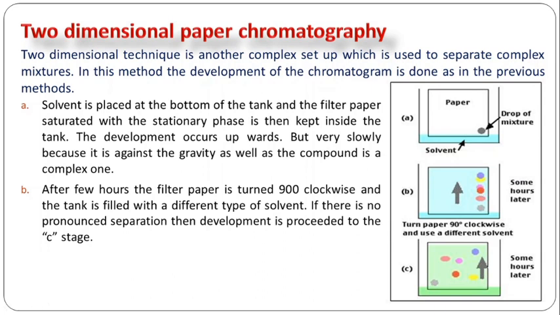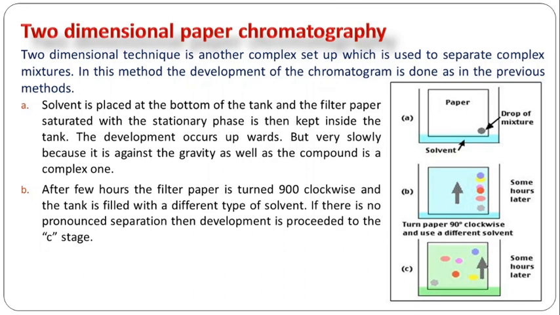Then what you do is take out this paper and dry it, fill the tank with another solvent as per requirement, rotate the filter paper by 90 degrees, and run the solvent over it.